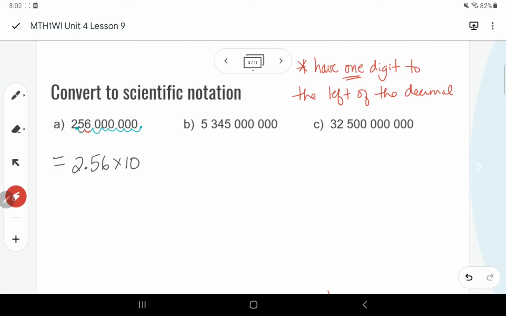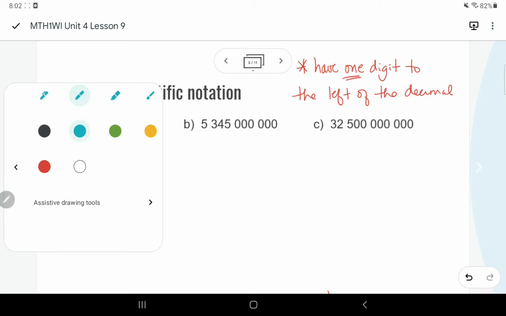And we have taken 1, 2, 3, 4, 5, 6, 7, 8 steps. So that's my exponent on my 10. And you can check that on your calculator. You can type in 2.56 times 10 to the exponent 8, and you'll get that 256 million. Some of our numbers, though, are going to be too big even to fit on your scientific calculator.